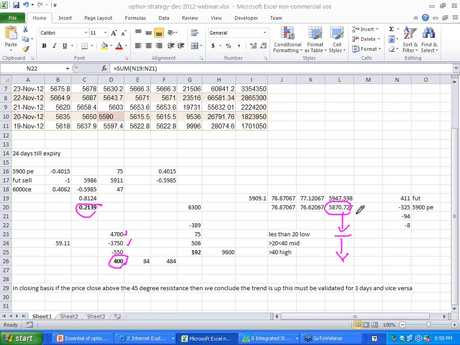I will not wait till the third level. Once it comes to 5870 level, I can close this trade and initiate the trade in the opposite order. Hence, I will buy a future, sell a call option, and buy some amount of put option, and I will derive the net delta to be negative.